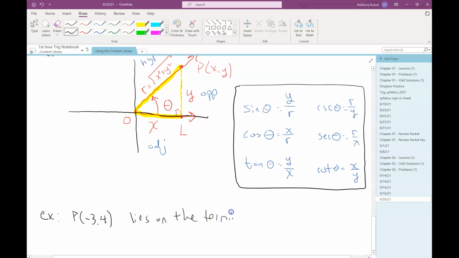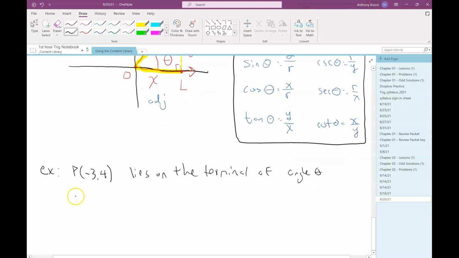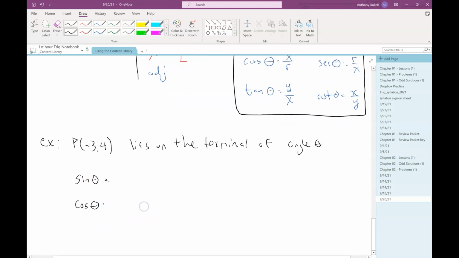So that's some point on the terminal side of angle theta. And we want to find the 6 trig ratios for that theta.